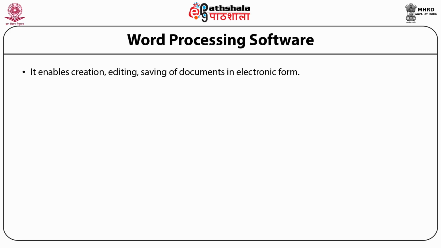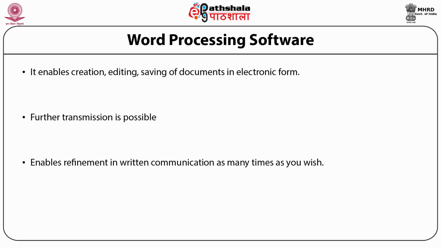It enables creation, editing, and saving of documents in electronic form. These documents can further be transmitted to the required destination by using other technological tools. Word processing software empowers you to edit and refine your written communication as many times as you wish.